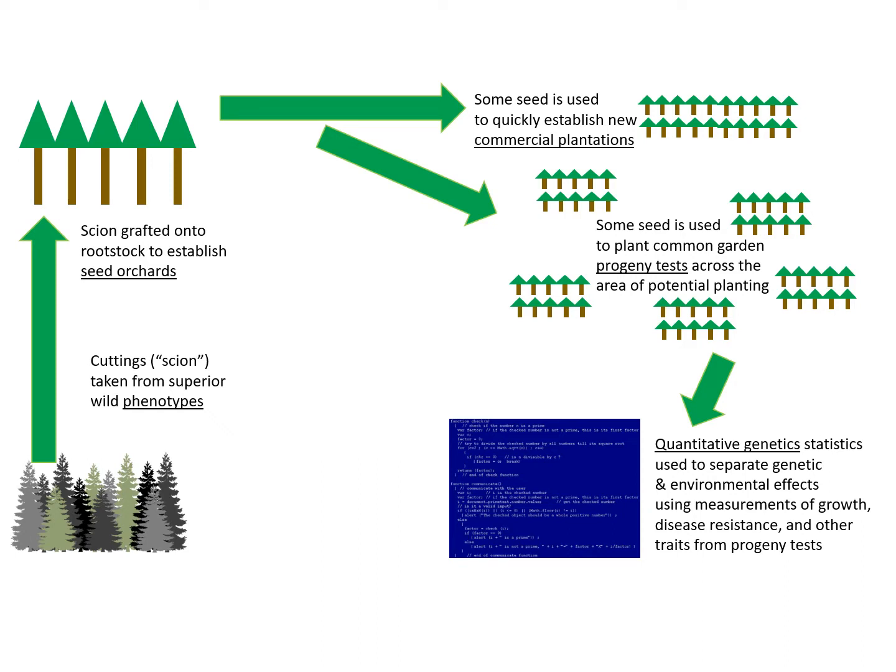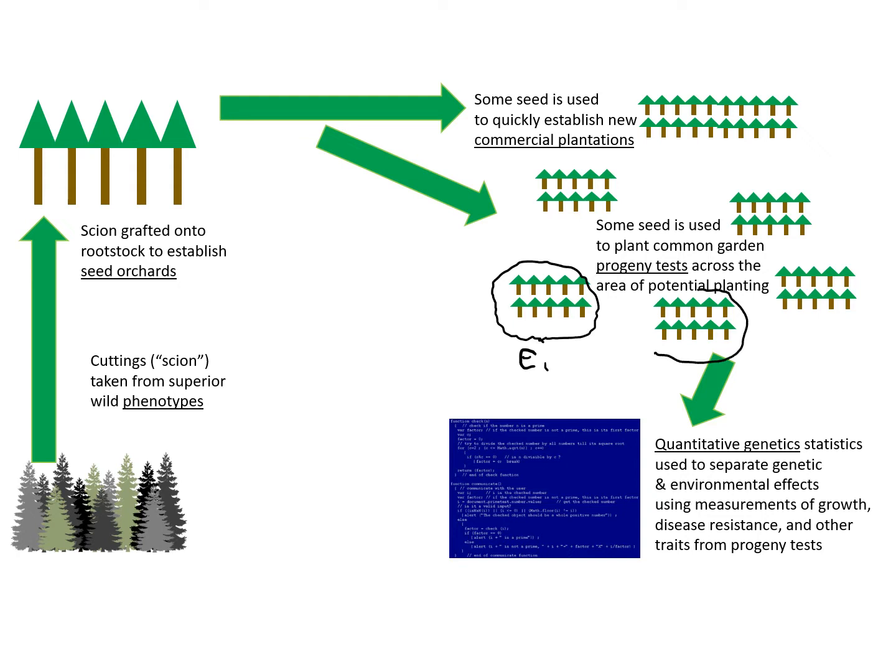Quantitative genetics are used to analyze the data from the progeny tests to basically separate out the effects of environment from genetics. So keep in mind, because we have these common garden studies, we have progeny from many parents growing in one location, and in that location, environment is relatively constant. So this might be environment 1.